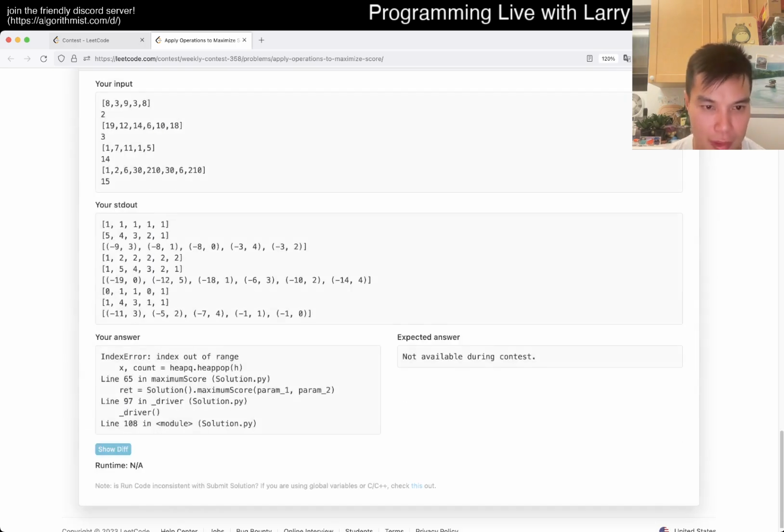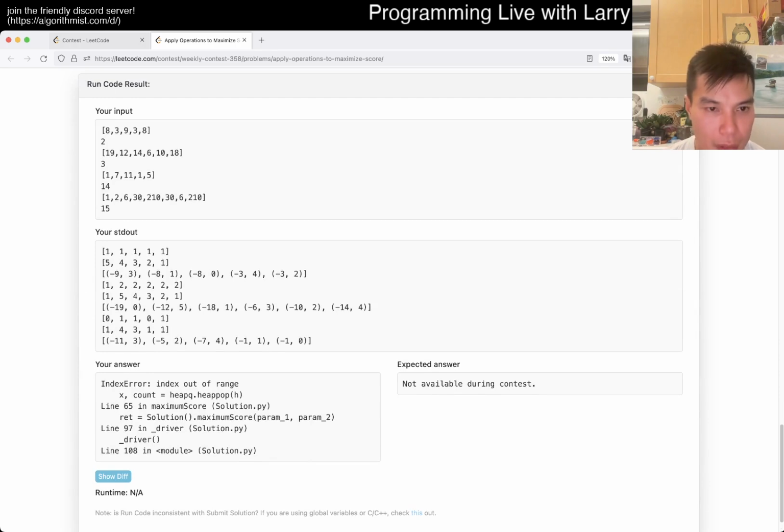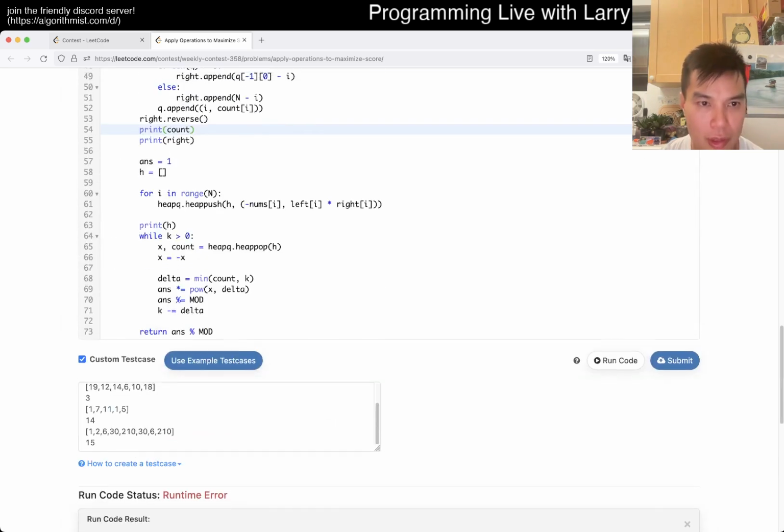What a silly mistake though. Okay, so there's 1 degree of freedom, 2 degree of freedom, that's right, 3, 4, 5, and this is 1, that seems right actually. This is 2 degree of freedom because you could take 1 and then 0. Yeah, okay. Yeah, I think that's right. So what is wrong?